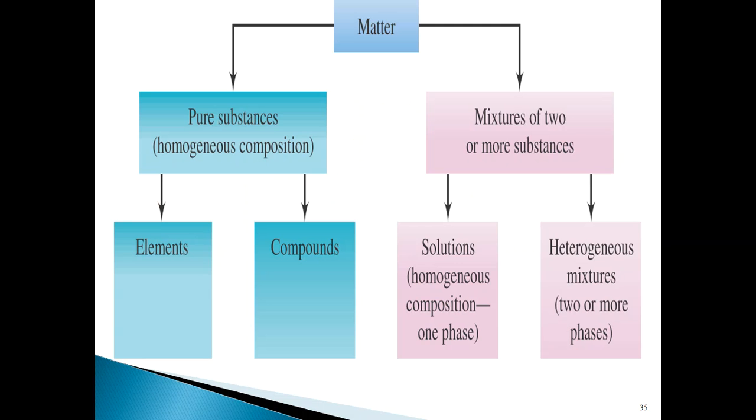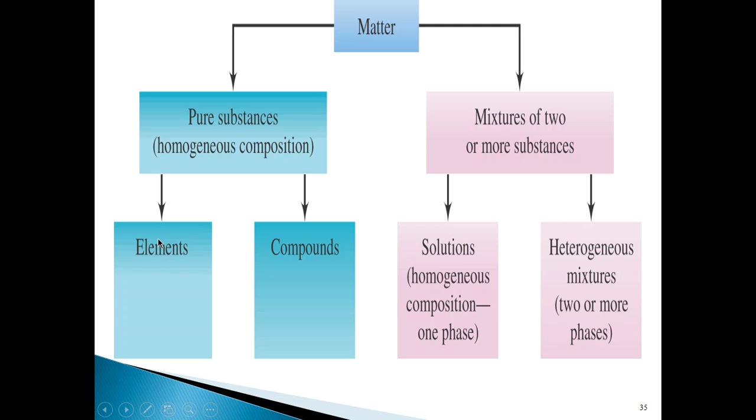Okay, and this is a flowchart which covers what we just talked about. We have matter, which, as we said before, is anything that has mass and volume. Matter can be broken down into two categories: pure substances and mixtures. Under pure substances, you have elements and compounds, right?